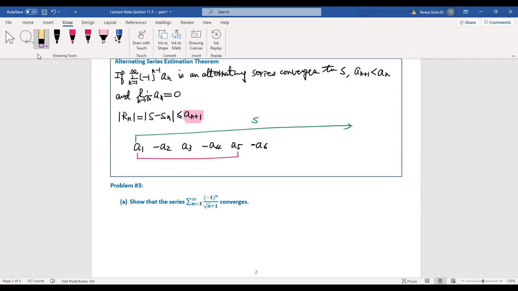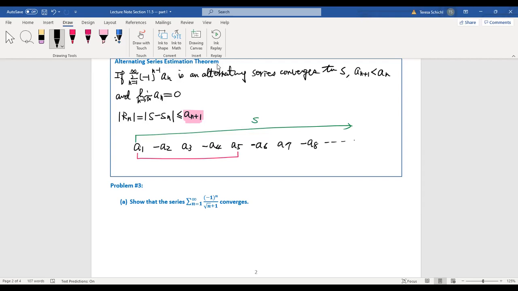Let's write a few more terms. Then you have a7, then negative a8, and so on. You know that this is a decreasing sequence, so a7 is going to be less than a6, and a8 is going to be less than a7.